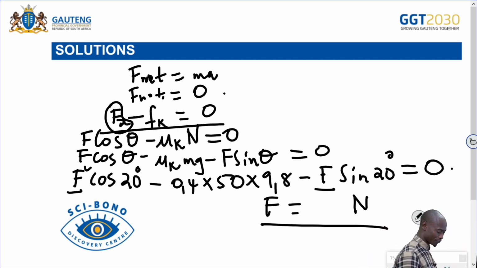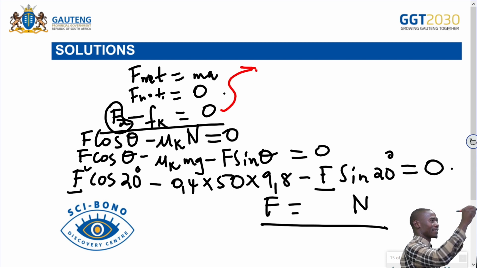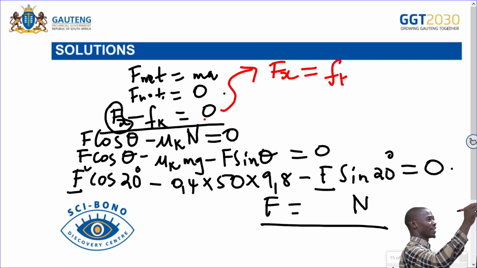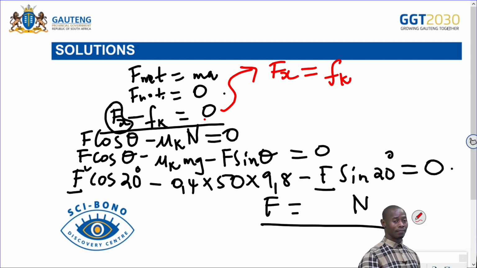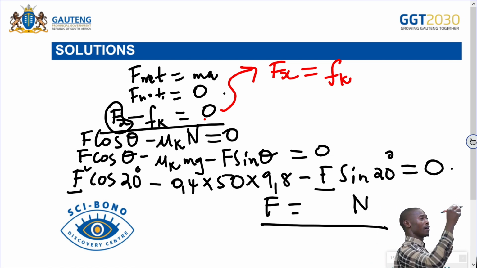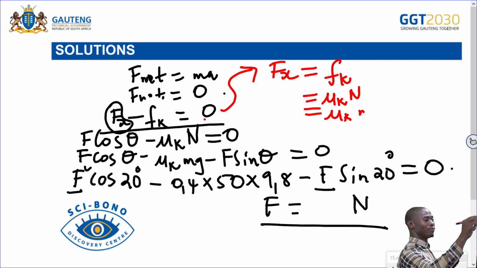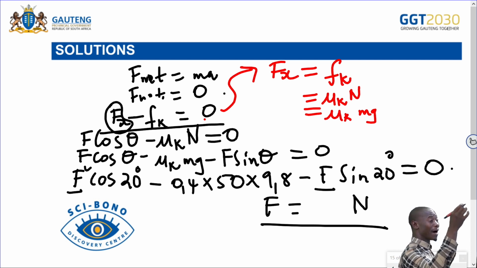What you can do, start by finding Fx, right? So your Fx is equal to what here? Transpose Fk. Your Fk is negative on the other side. Then Fk is given by mu k N, which is mu k mg, because it should be weight minus Fy.